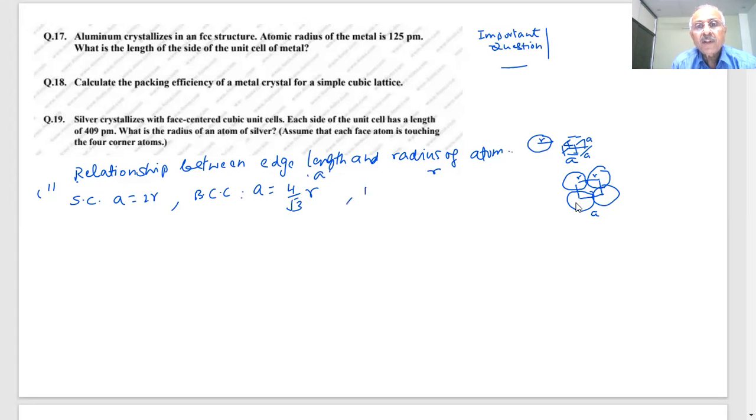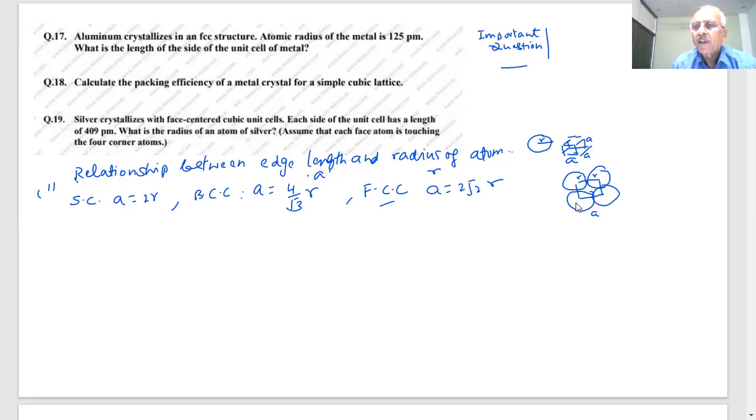Very important, students. In FCC, a equals 2 root 2 r. One question is expected out of this, a numerical. One numerical has been asked repeatedly, students, in these cases. You already know how easy it is to calculate for FCC.